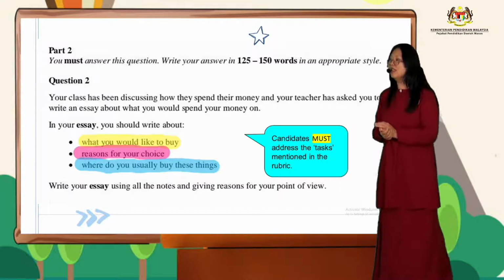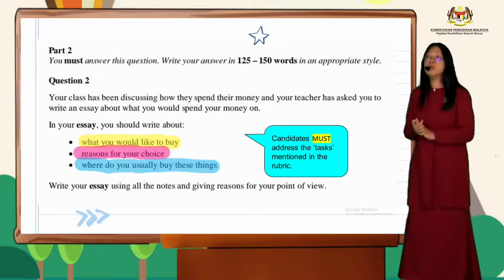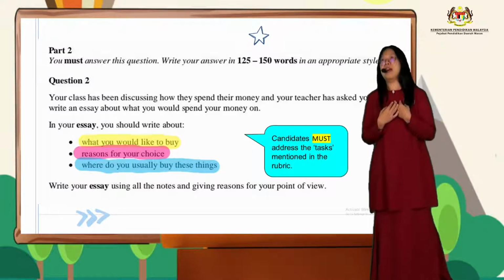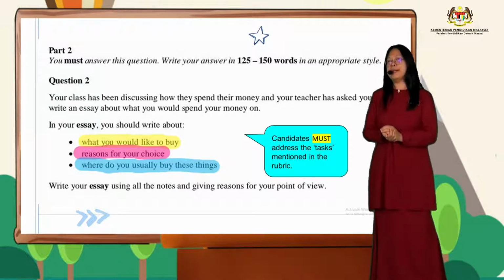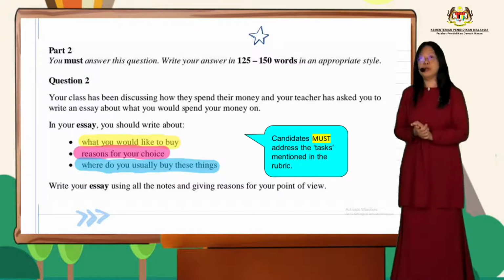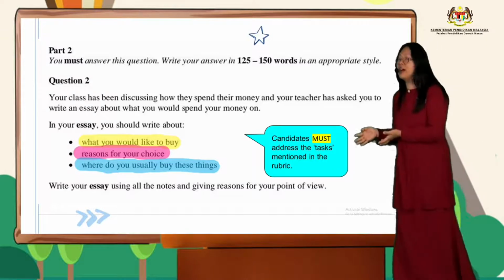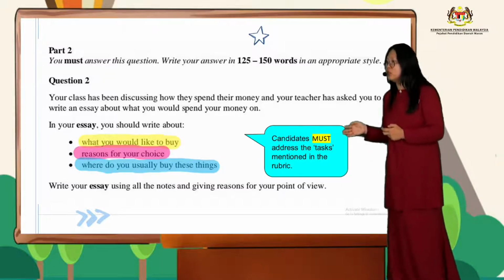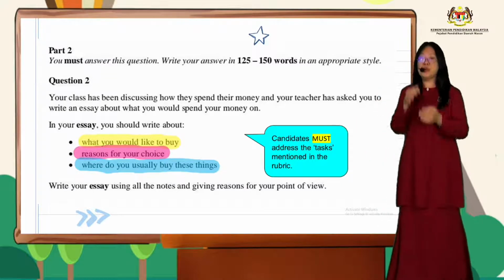Let's look at task number 1. What would you like to buy? For example, me, if I have money, I would like to buy a new handphone, an iPhone 12. So I have answered this question. Now look at task number 2, reasons for your choice.